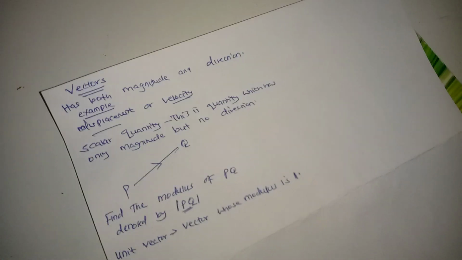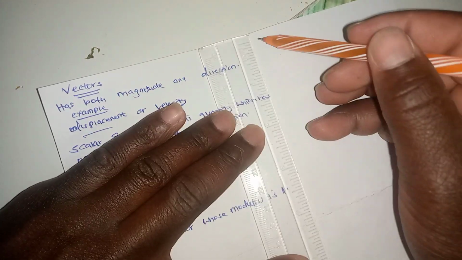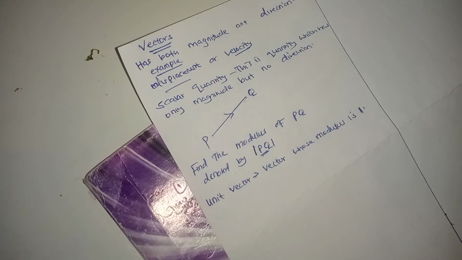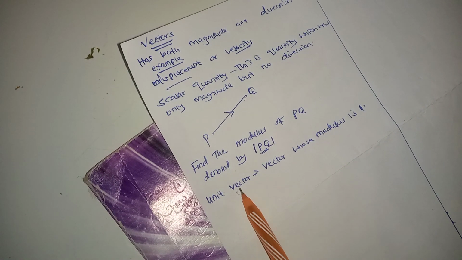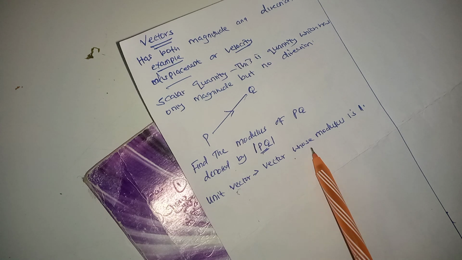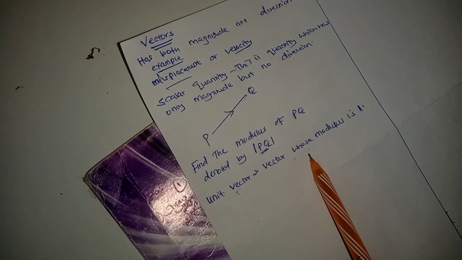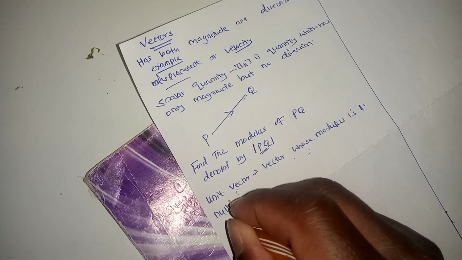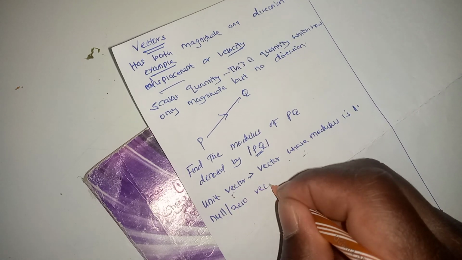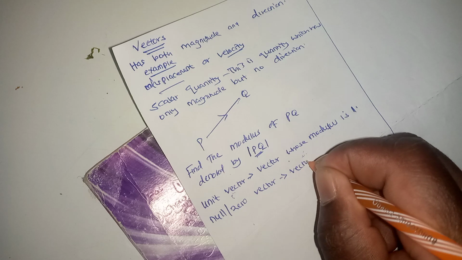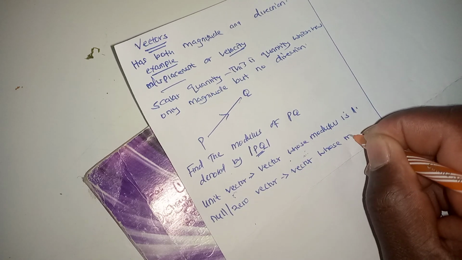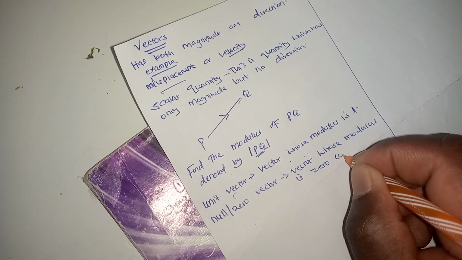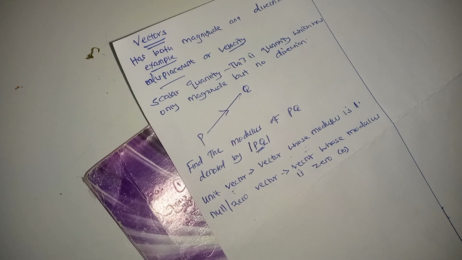Now a vector whose modulus is 0 is called a null or zero vector. Null or zero vector: this is a vector whose modulus is 0. So that is a null or zero vector.